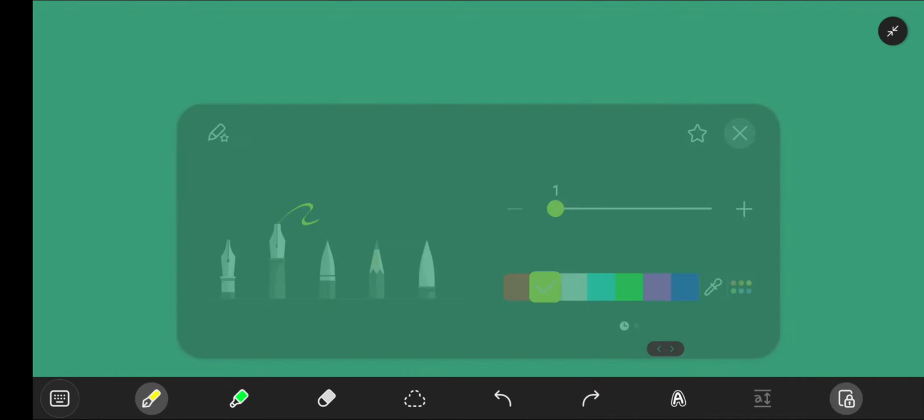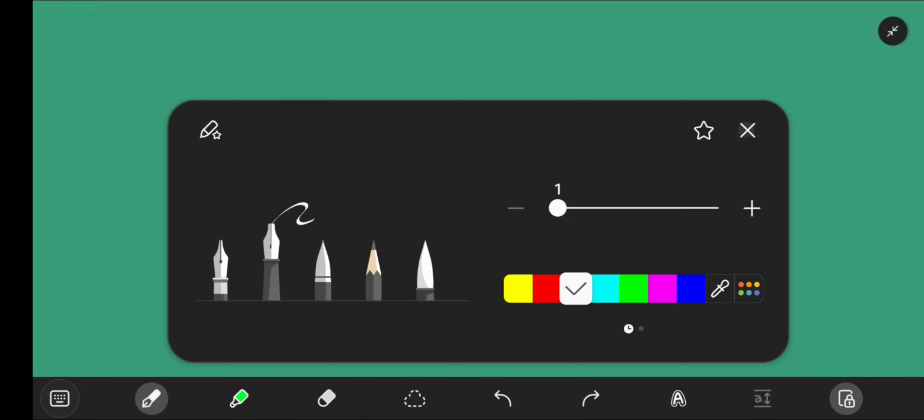Next type of triangle is equilateral triangle. Suppose this is A, this is also A, this is also A. Three sides are equal.